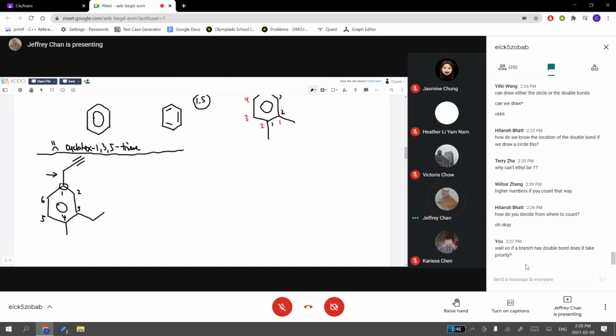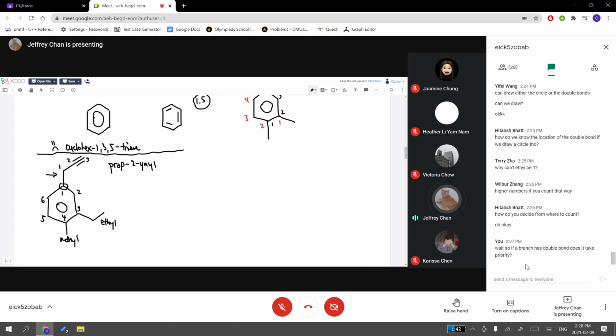All right. So this is an ethyl, pretty simple. This is a methyl, pretty straightforward. This branch, right? So this is going to be 1, 2, and 3. So this is a prop-2-inal.